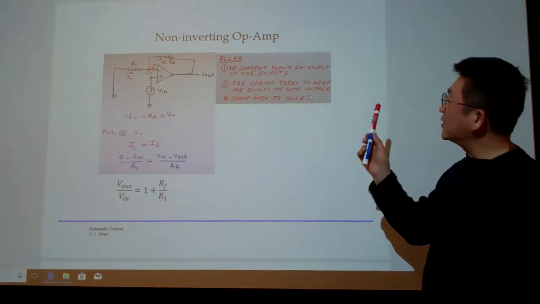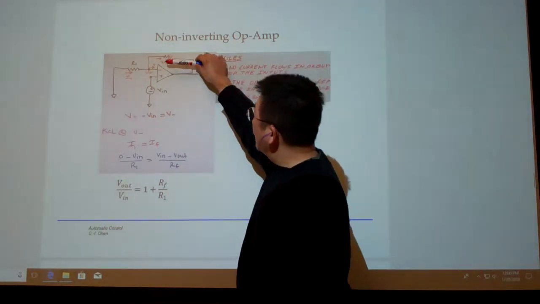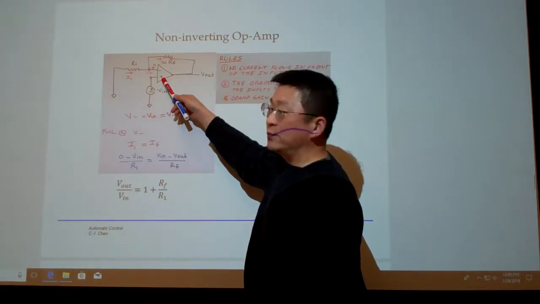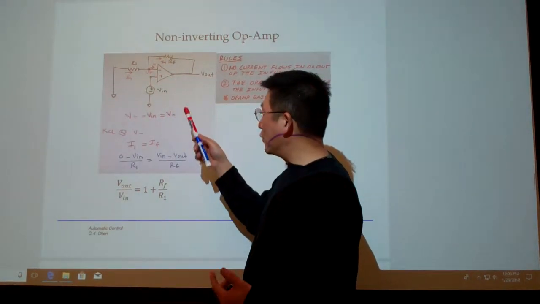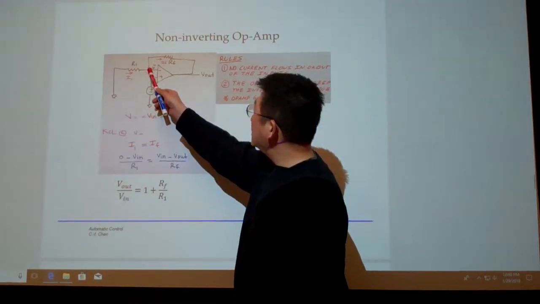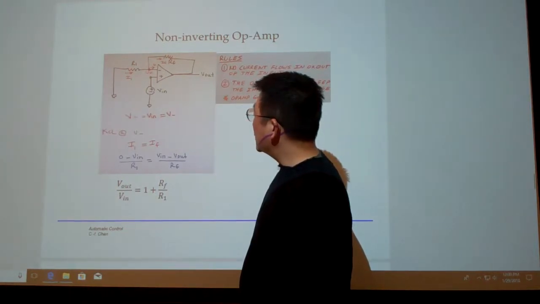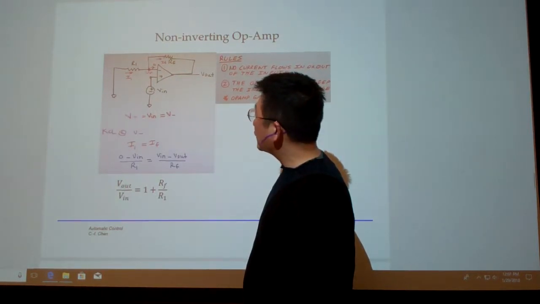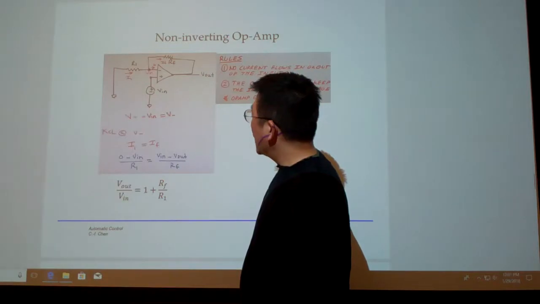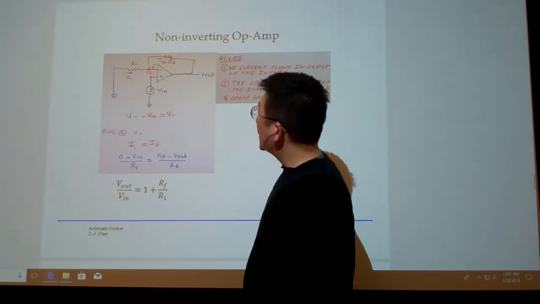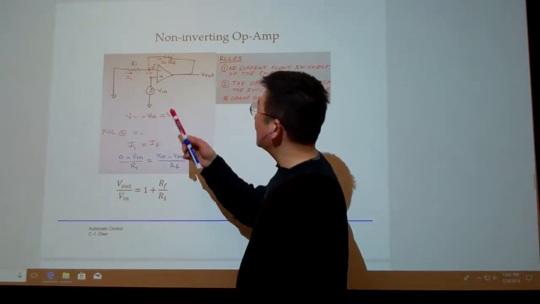The second rule says that the voltage at the negative port equals the voltage at the positive port. Then we can formulate what the voltage is here. Sorry, let me repeat again.